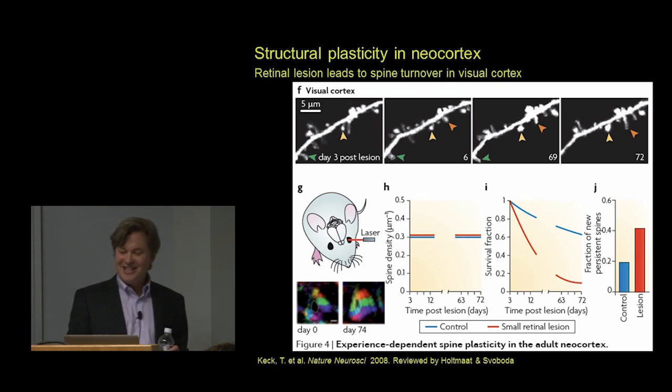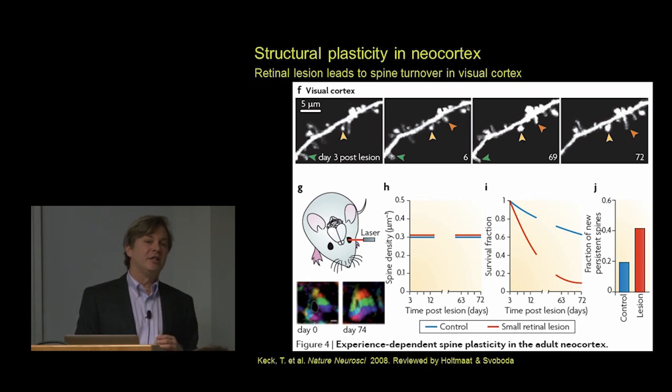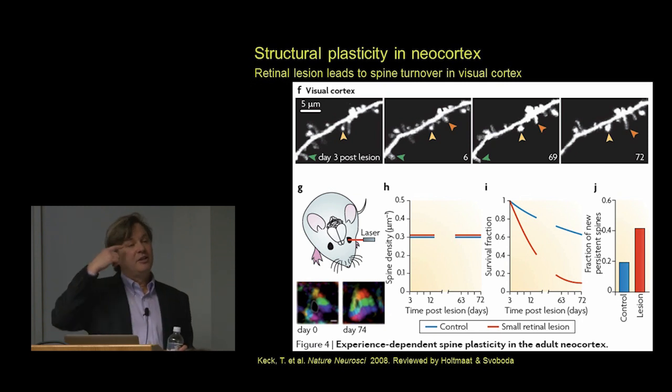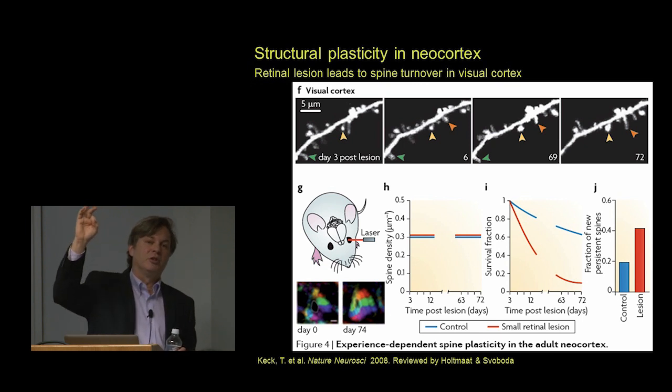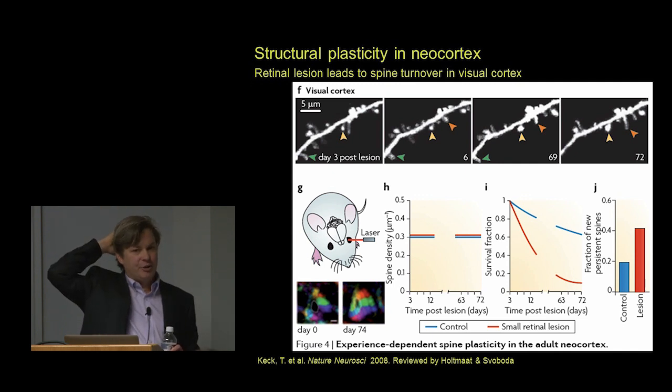I sort of split the difference with a review article by Karel Svoboda, and they reviewed a paper from Bonhoeffer and Hübener, first author Keck, where they revisited an experiment that Gilbert and Wiesel did in the late 80s, early 90s, where they made a retinal lesion. Rather than affecting the entire input from one eye, they just ablated a little bit of the retina, a little bit of the visual world, and that left a hole in the representation of the visual world in the cortex.